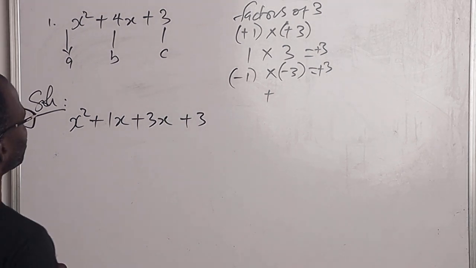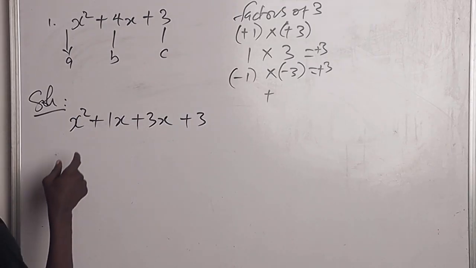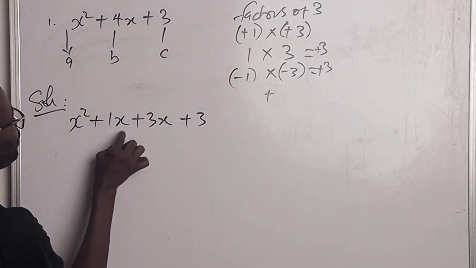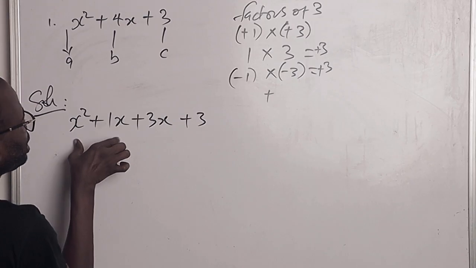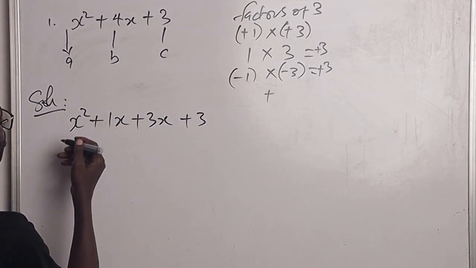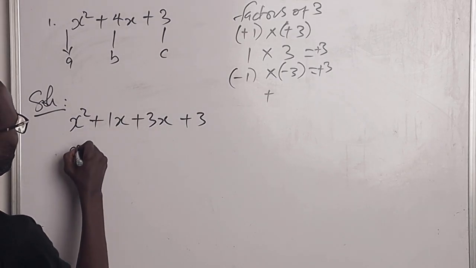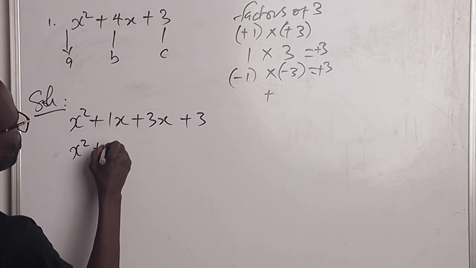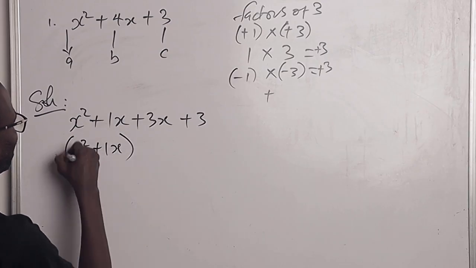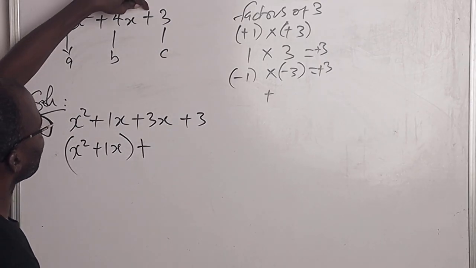Where we are now going to is to now say, okay, since we've gotten the right expansion, what are the coefficients of this and this that we need to get? So what I will just do is, okay, I'll mark them into brackets. I have x squared plus 1x in brackets. This plus is here, just like we have here.